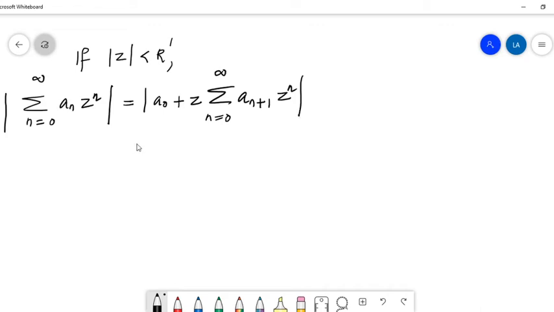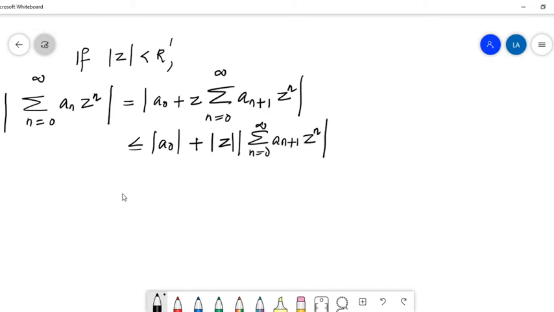So that is less than or equal to, by the triangle inequality of the modulus function, modulus of a naught plus modulus of z, because the modulus function acts on product like this, modulus of z into modulus of summation n is equal to 0 to infinity a n plus 1 into z raised to n.